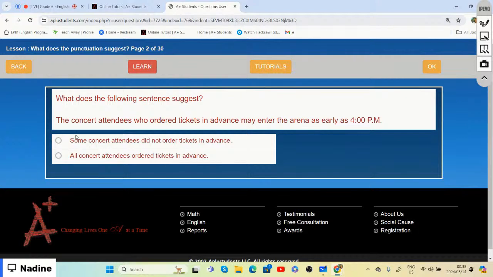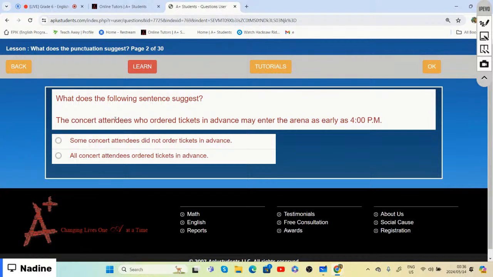That says the concert attendees who ordered tickets in advance may enter the arena as early as 4 p.m., right? So just listen to the sentence again. It says the concert attendees. Let's say, for example, you go to a concert, right?